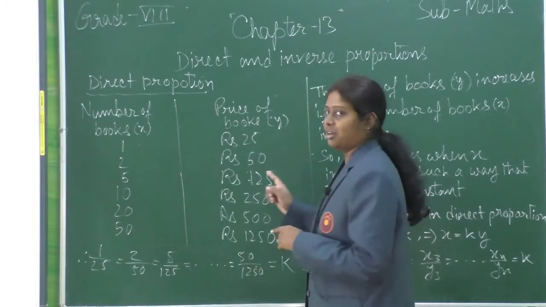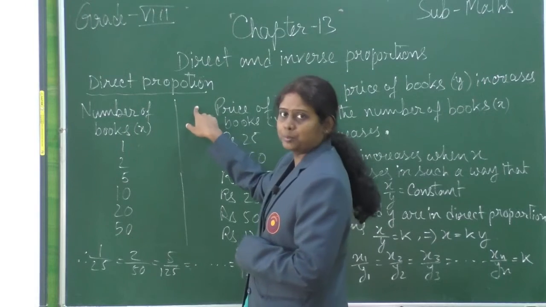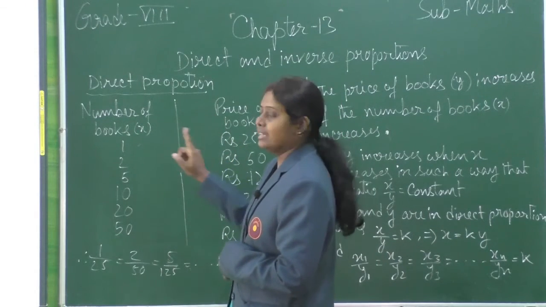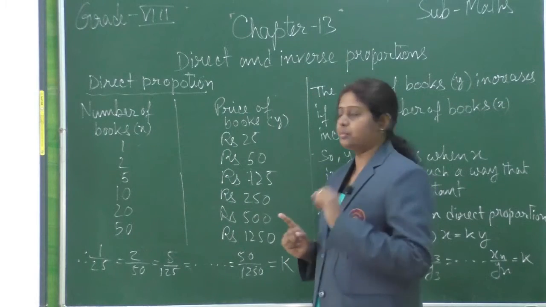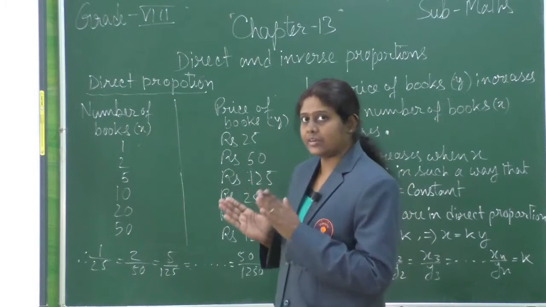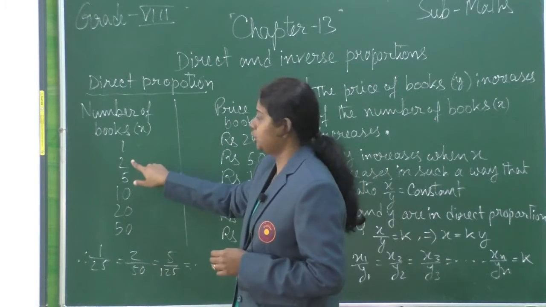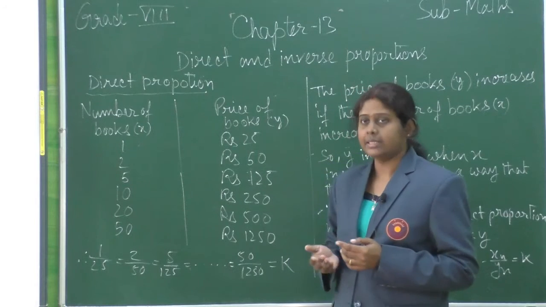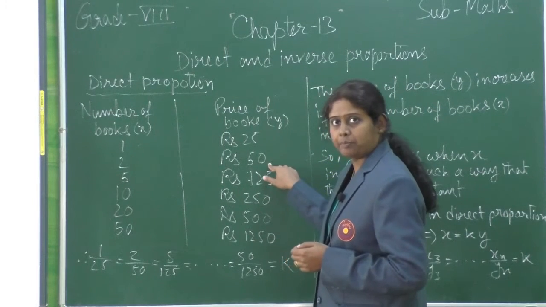Now first, the definitions of this chapter, direct proportion. Look at the chart here. Let the price of one book be 25 rupees. Then if I increase the number of books from 1 to 2, I have to pay more, right? That will be rupees 50.